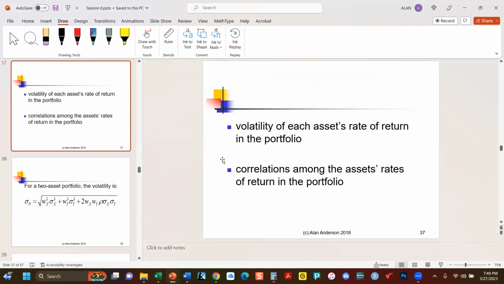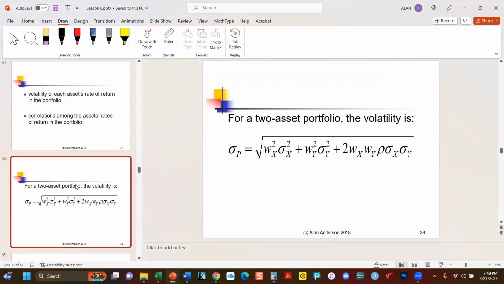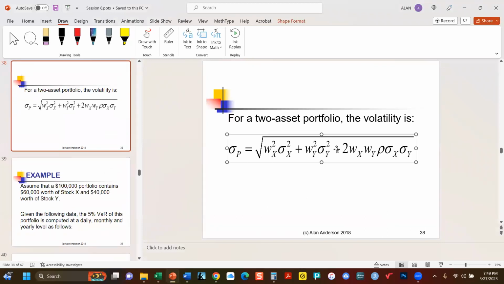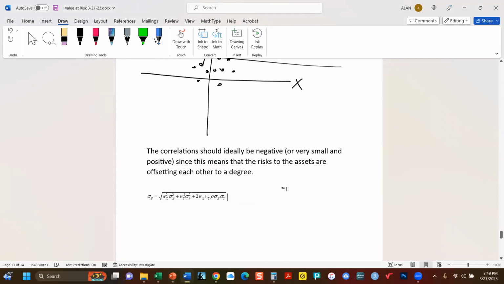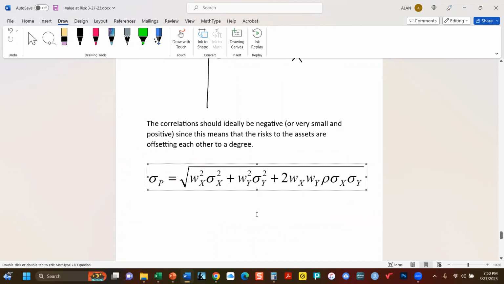The portfolio expected return is very straightforward. But anyway, let's look at this formula for a second. This is the volatility or standard deviation of a two-asset portfolio. So you notice how we're using the standard deviations, but that little p here indicates this is the portfolio volatility or risk.